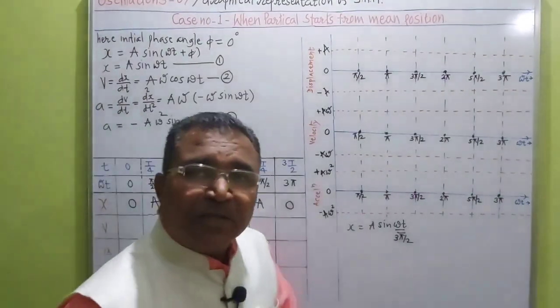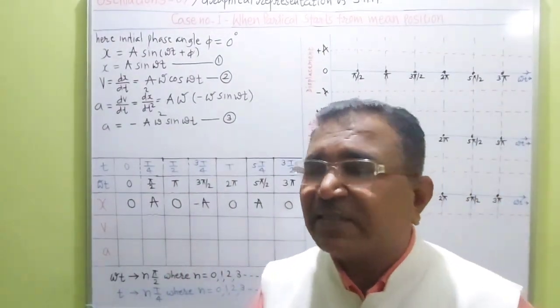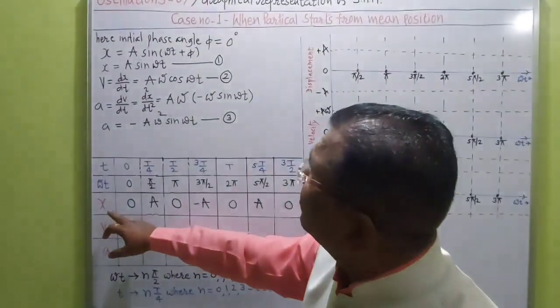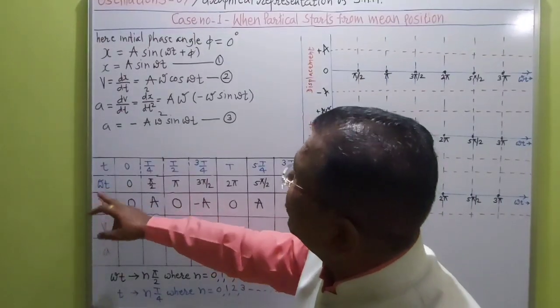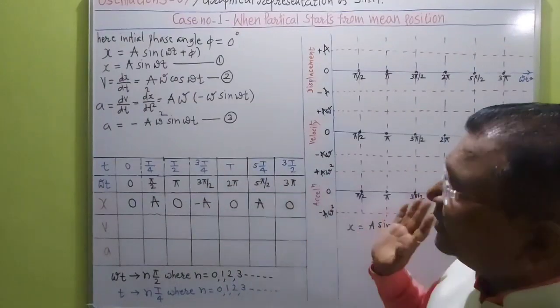So in this way we got the values of x by putting omega t is equal to 0, pi by 2, pi, 3 pi by 2, 2 pi serially like this.